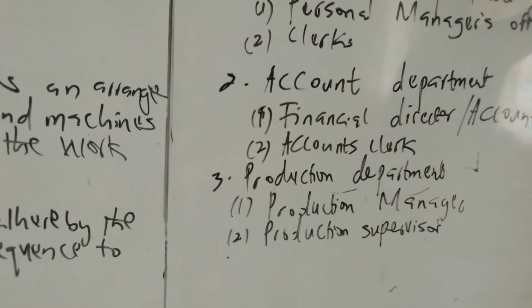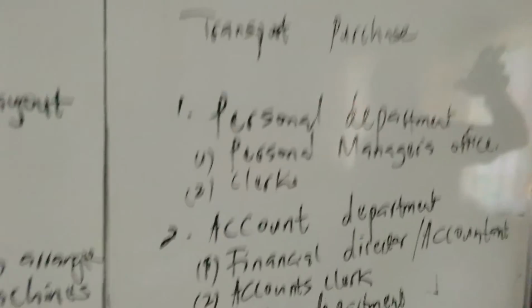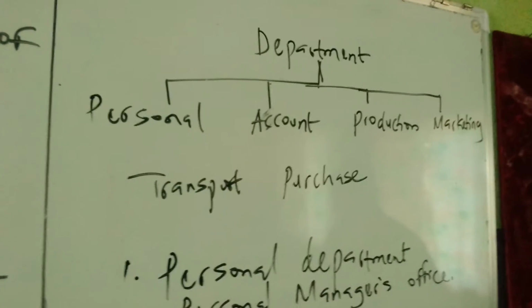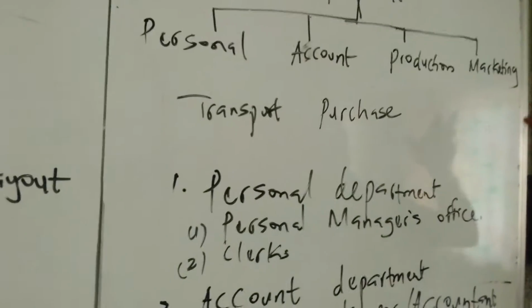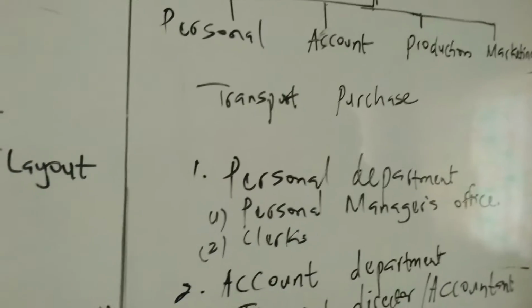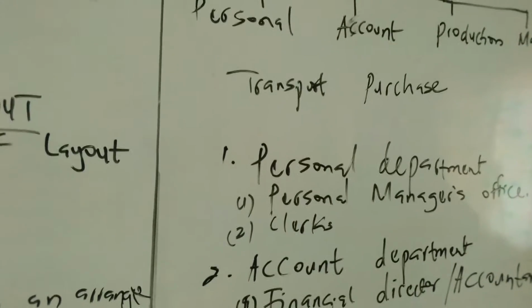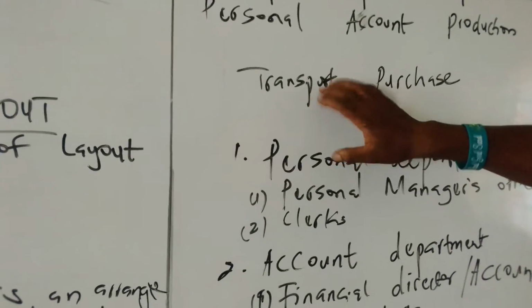It goes like that. In the marketing department, you have the marketing manager who is responsible for marketing the finished product of the organization, with other staff under him. Then you have the transport department with a transport manager, and other staff like the drivers under this department.